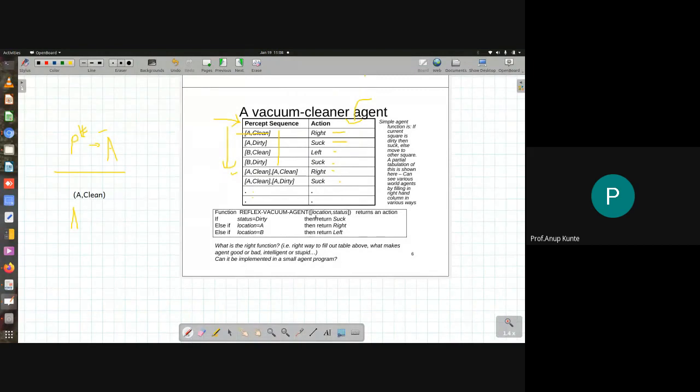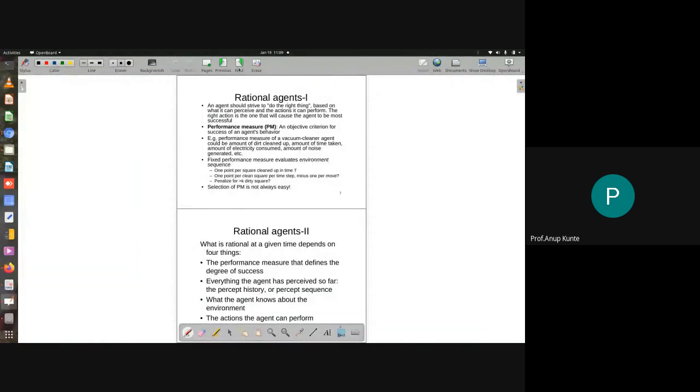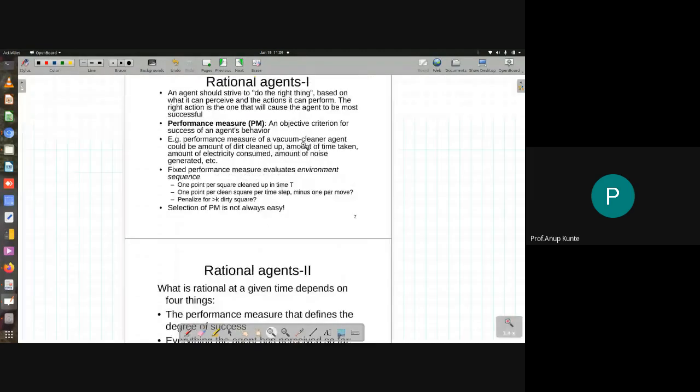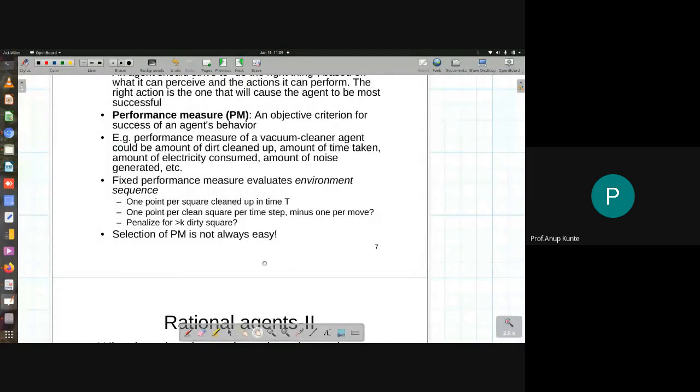Okay, so this is a first kind of hit at how I implement the agent program. Now we'll go a bit to a sideline and try to understand what makes the agent the rational agent. I have already discussed a little about it, so it will not take a lot of time to discuss these two slides, but this is exactly where we try to understand what makes an agent a rational agent.